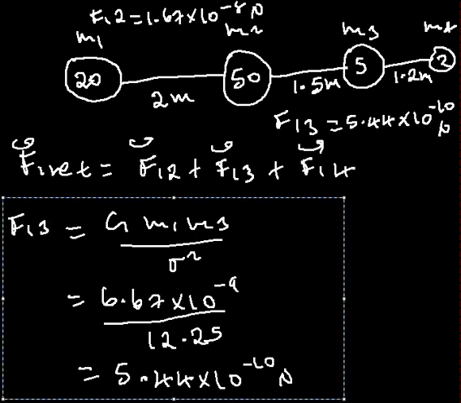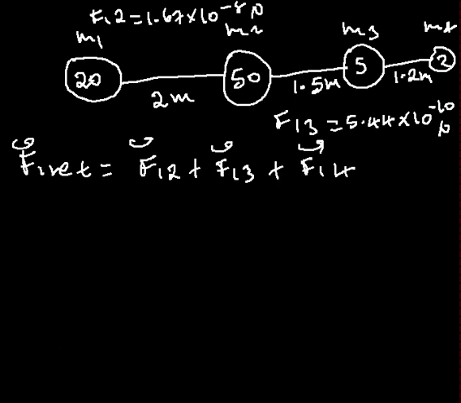And from there we should also have that of F14. So what would that be? F14 is equal to G times mass 1 times mass 4 divided by the separation distance.